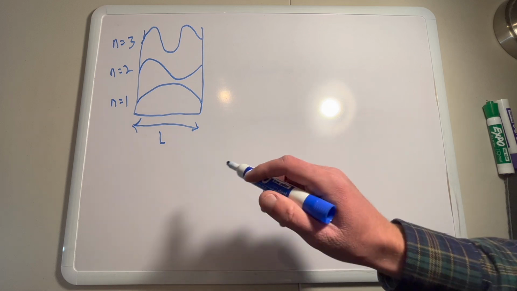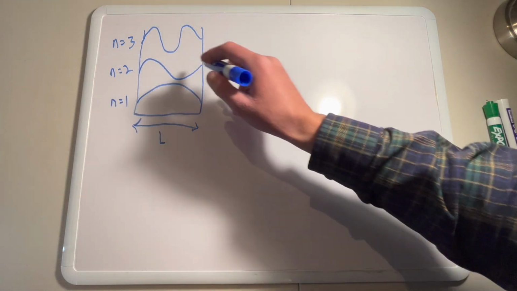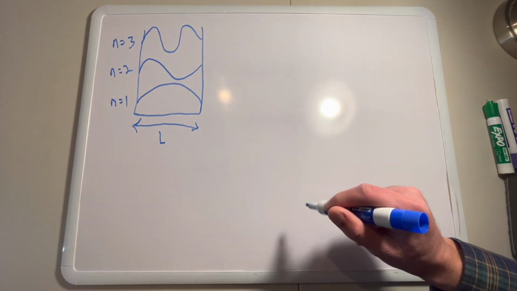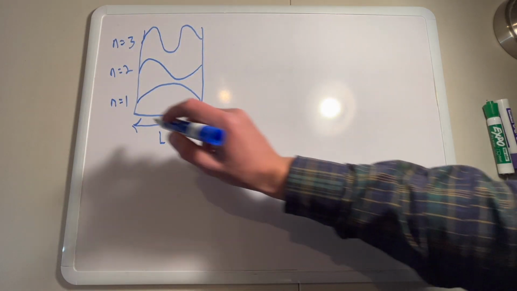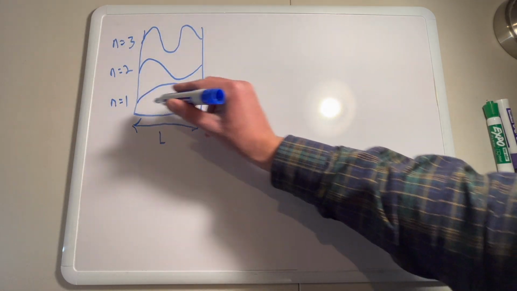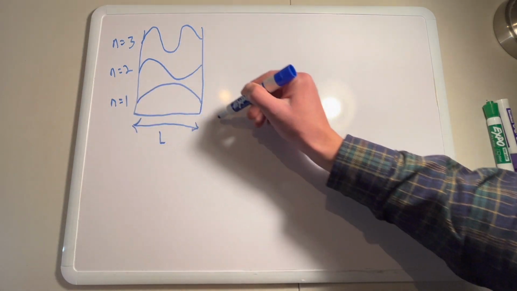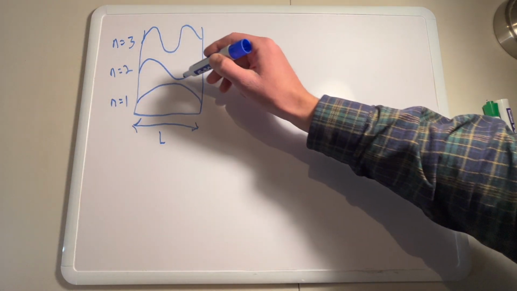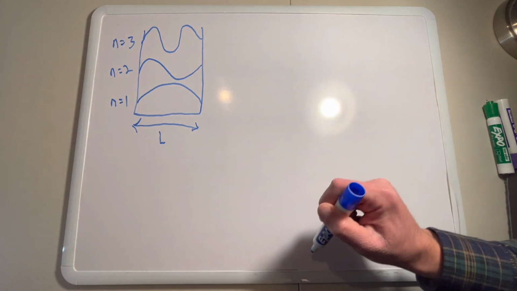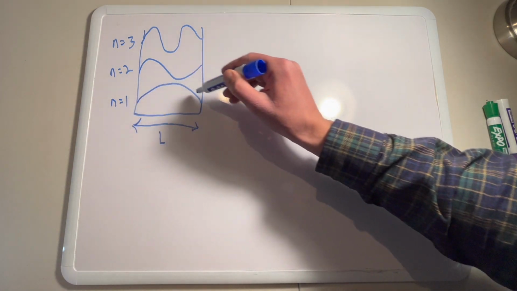Let's quantify exactly what each wavelength here is, and they're all different. So for the first one, we don't even get a full wavelength. A wavelength is an up and a down, right? A peak and a trough. A full cycle is one wavelength. So we don't even get a full cycle there, right?